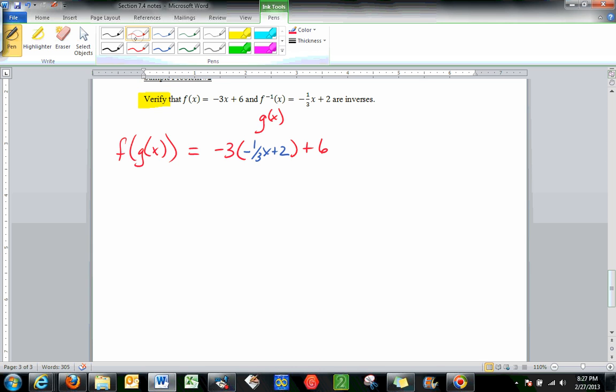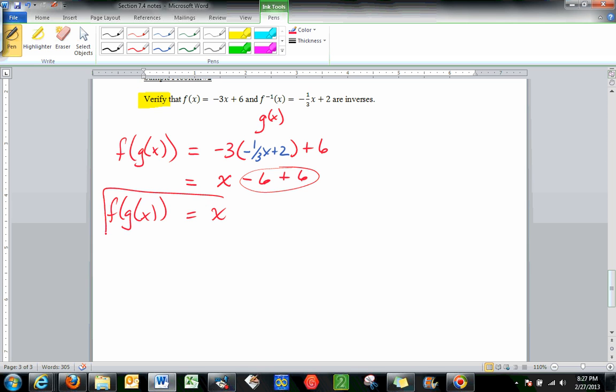Now, I'm going to need to distribute the -3. When I do this, -3 times -1/3 gives me a positive x. Then -3 times +2 gives me -6, and then of course I have the +6 on the back end, and you can see very simply that those cancel each other out, which is exactly what I would like to see happen if I'm looking for inverses.